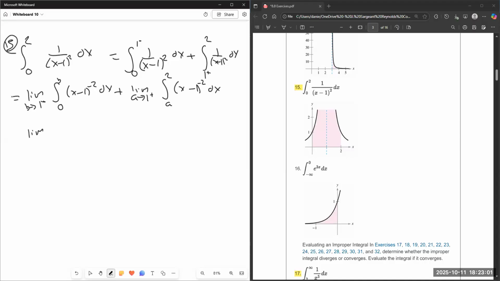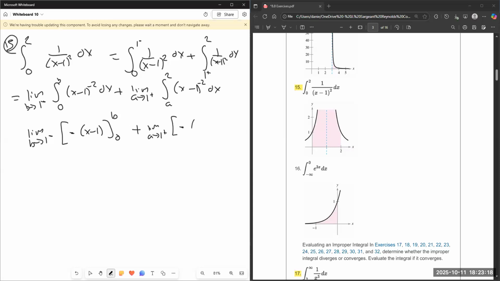Limit as b approaches 1 from the left of negative x minus 1 to the negative 1 from 0 to b, plus limit as a approaches 1 from the right, negative x minus 1 to the negative 1, a to 2.